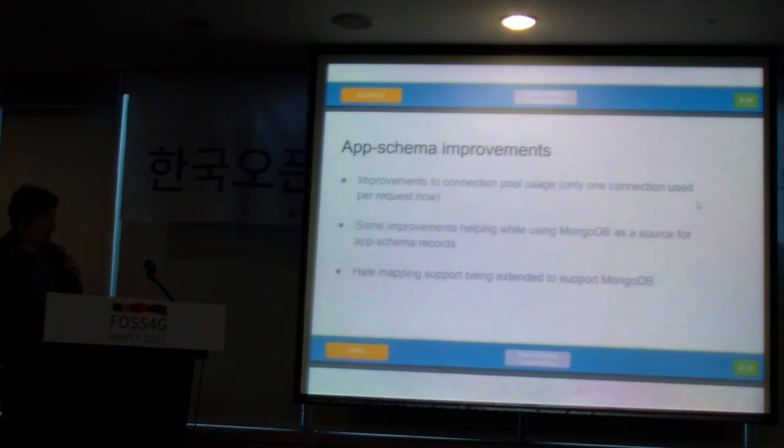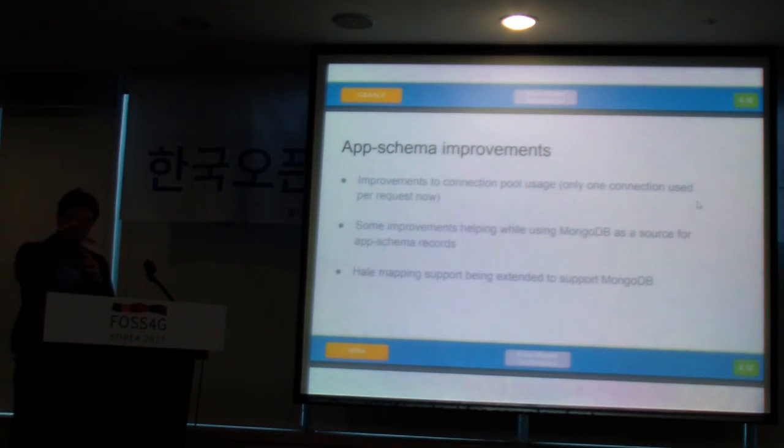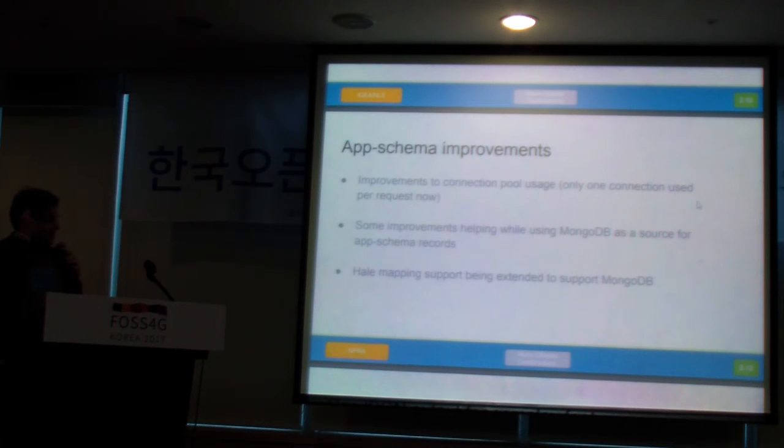Now you can hook them up into AppSchema, and there's this HALE application, which is a desktop program that you can use to go from the relational database structure to the GML application schema, and basically draw the connections. It has also been improved to support MongoDB.